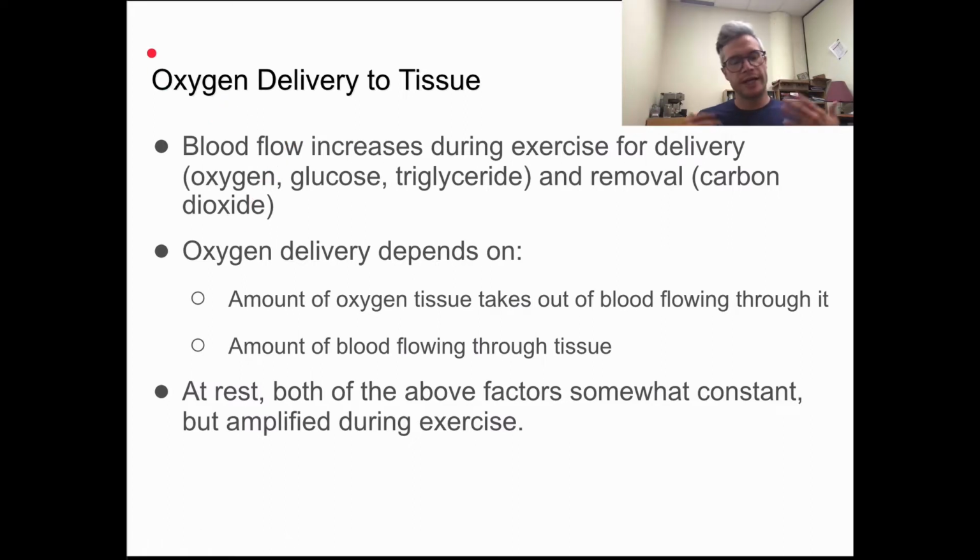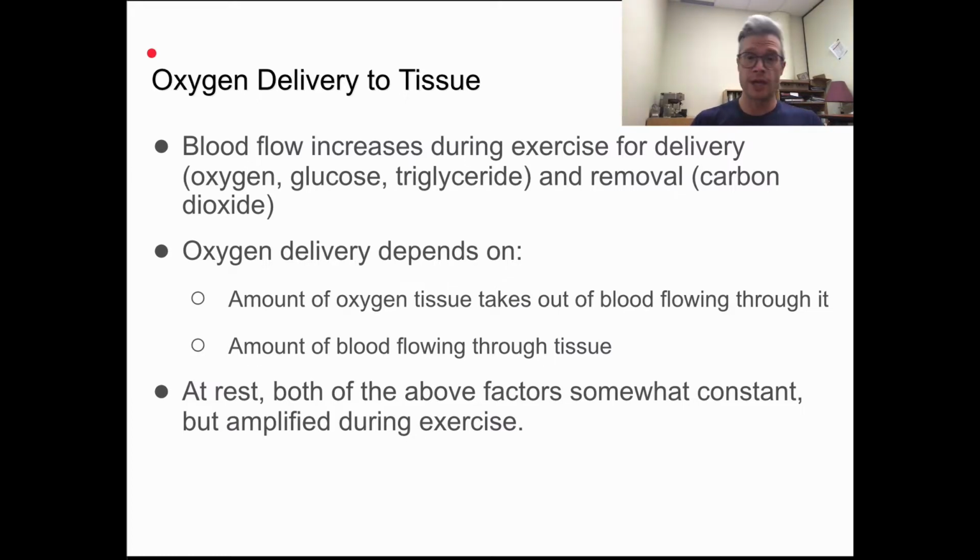Ultimately, when we start exercising, one of the really important components is increasing blood flow, and more specifically, getting oxygen delivered to cells so that we can create enough ATP for our activities. Increased blood flow during exercise delivers oxygen.